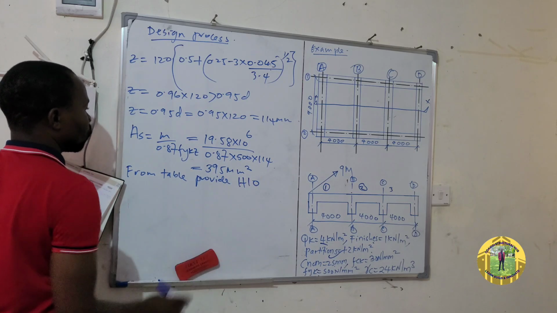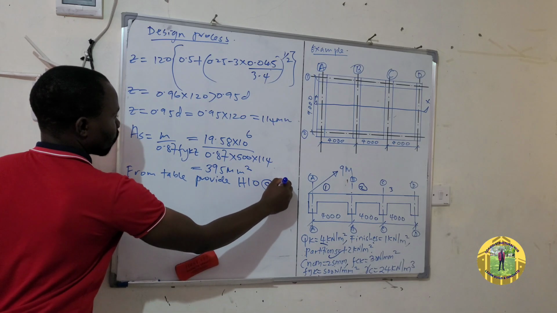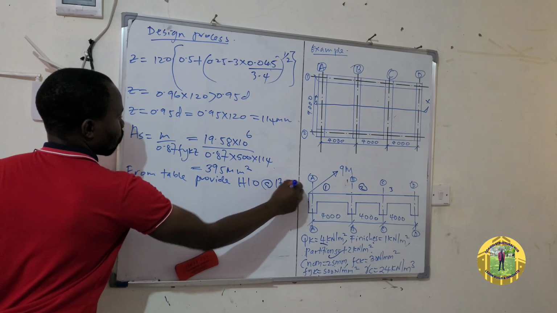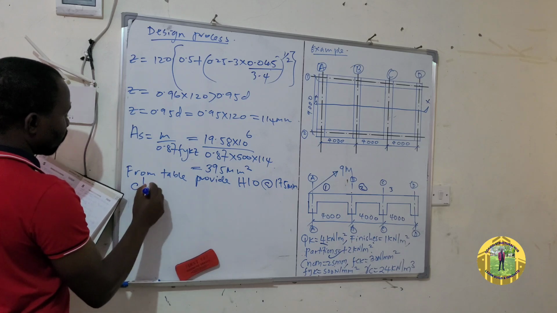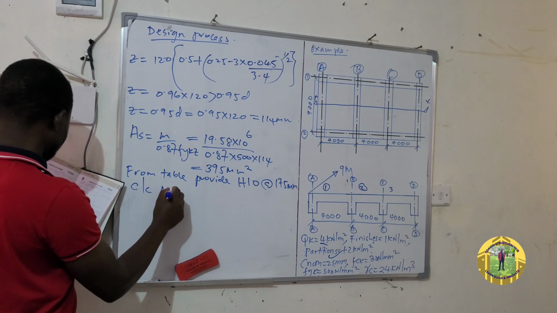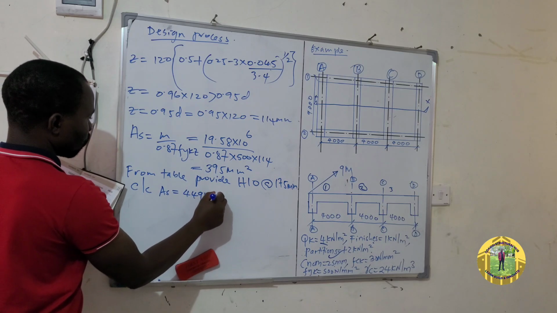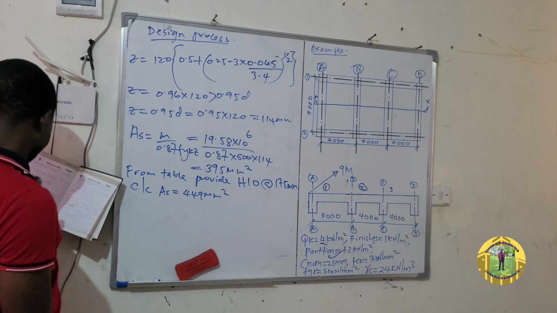Remember to maintain the one we assumed, H10 at 175 millimeter center to center, and area of steel is equal to 449 millimeter square.